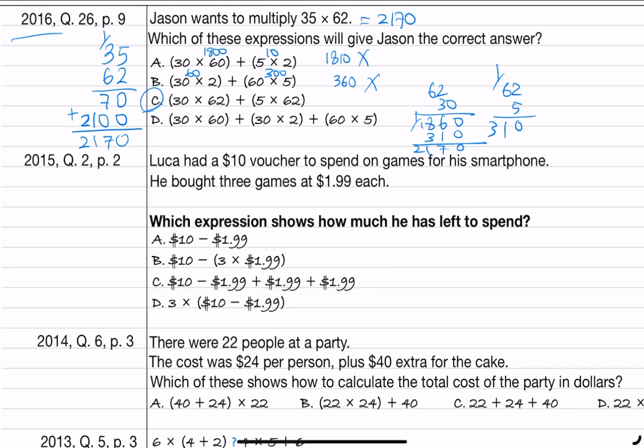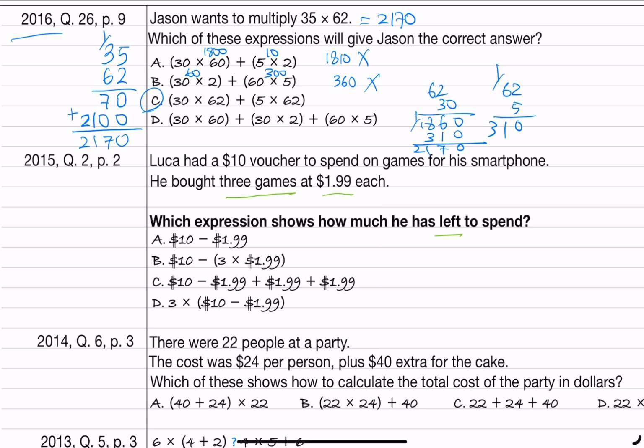2015, we have question number 2 on page 2. Luca had a $10 voucher to spend on games for his smartphone. He bought 3 games at $1.99 each. Which expression shows how much he has left to spend? So in this question, we are not trying to solve the answer.